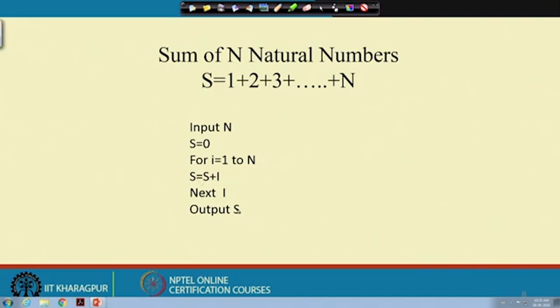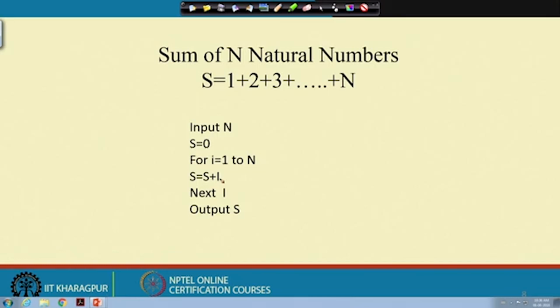So, if I want to map this particular algorithm into the architecture, what do I require? If I look closely, I have 3 variables: n, s, and I. So I need 3 variables for computing this algorithm.